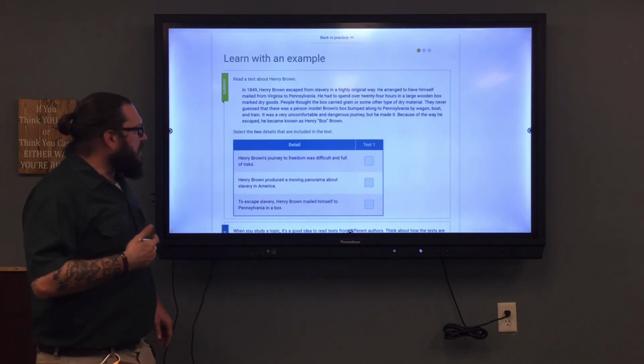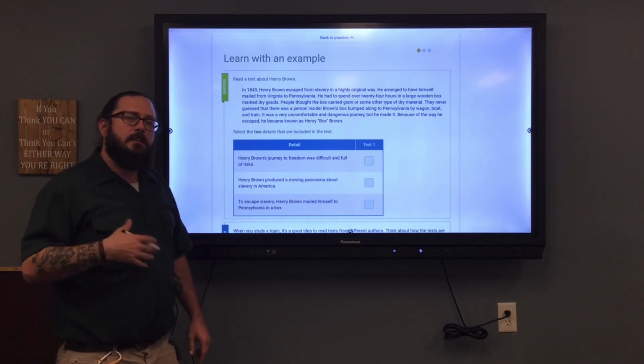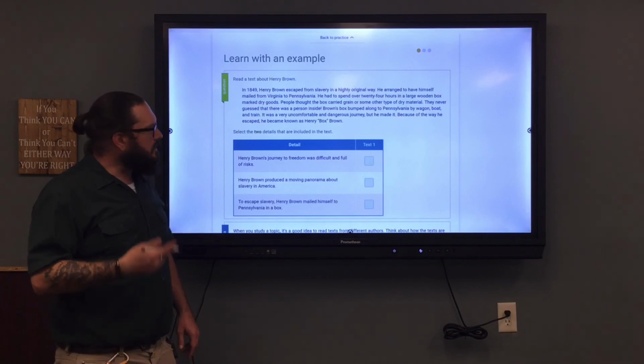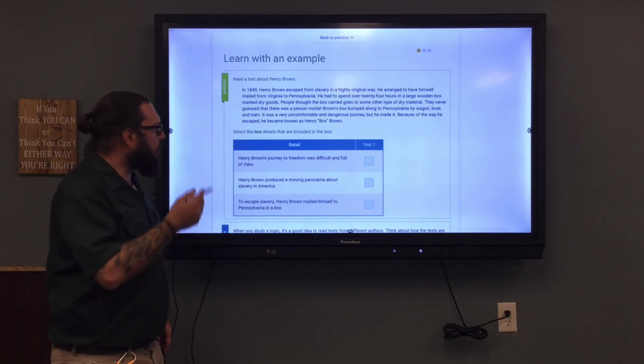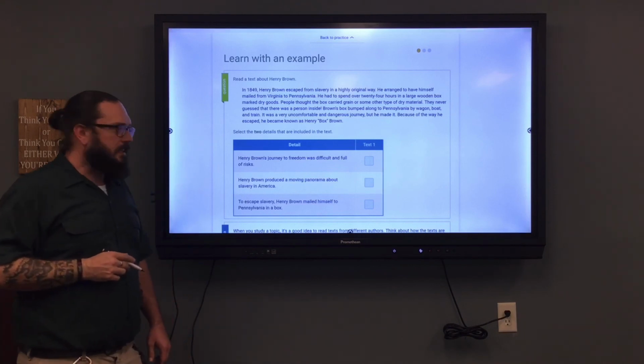Now, there may be one or two details that are not in the given text. They are in another text. So let's see if we can identify which details are in the text we are given.